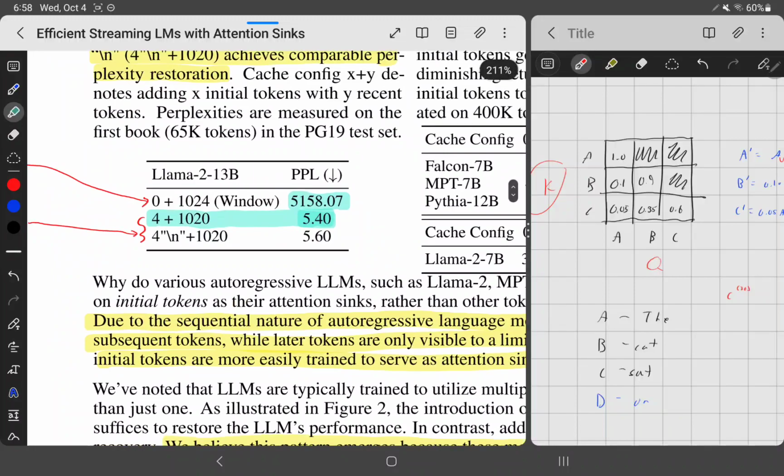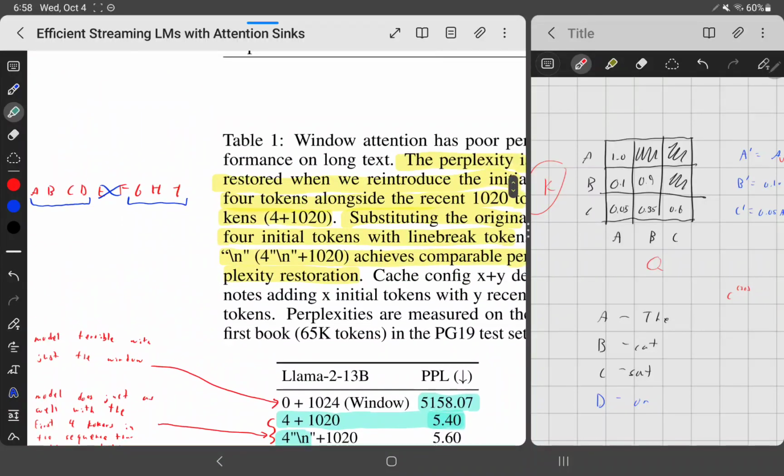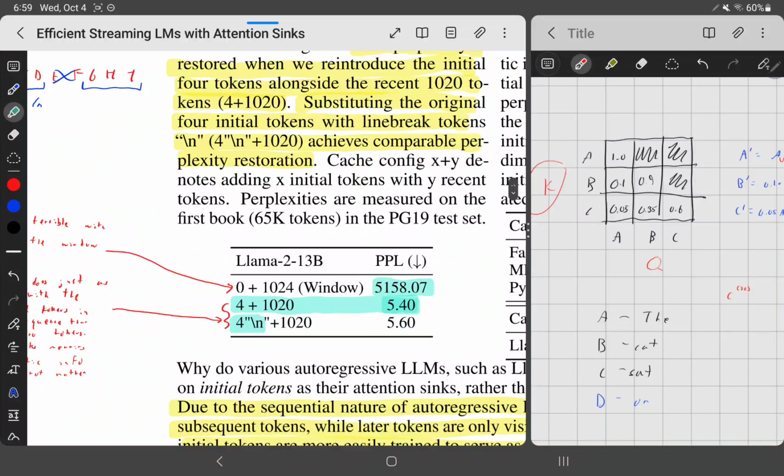However, if those tokens were semantically important, then replacing them with new lines, so this wouldn't be A, B, C, D, this would be new line, new line, new line, new line, and they're always just new lines, would go back to the original perplexity, or at least increase a lot.